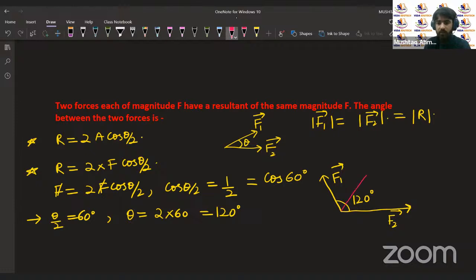So this resultant will make a 60 degree angle with both vectors. This is our resultant, and the magnitude of this resultant is the same, equal to mod of F1, mod of F2. So 120 degrees is the answer for this question.